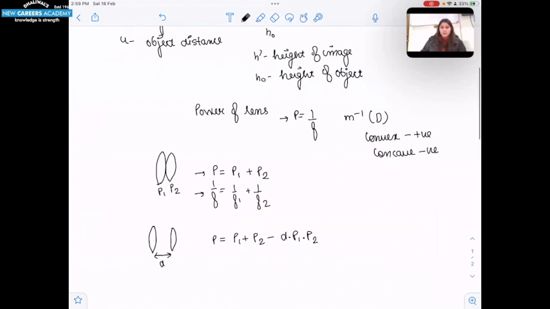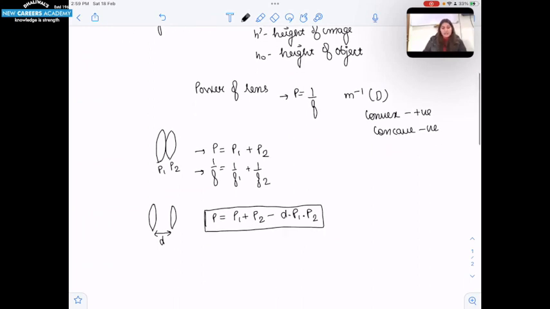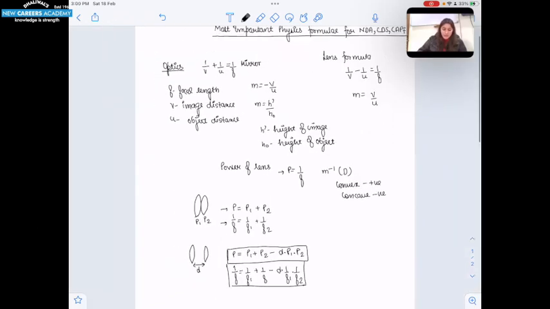Okay, so this is the formula for power when two lenses are separated by distance d. Last formula is their combined focal length, which will be 1 by F1 plus 1 by F2 minus distance between them into 1 by F1 into 1 by F2. Okay, so these are all the formulas in the optics chapter.